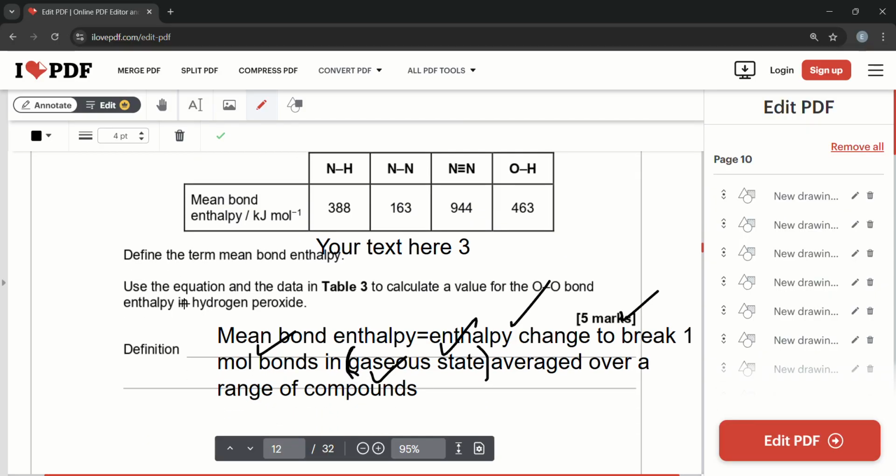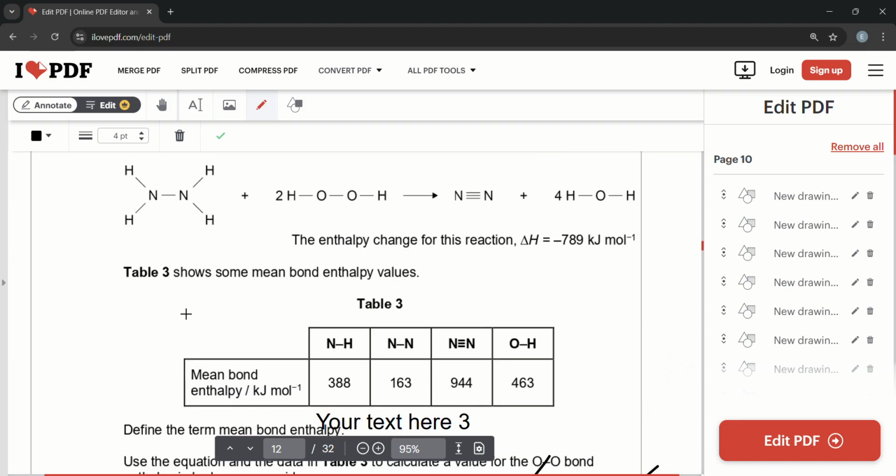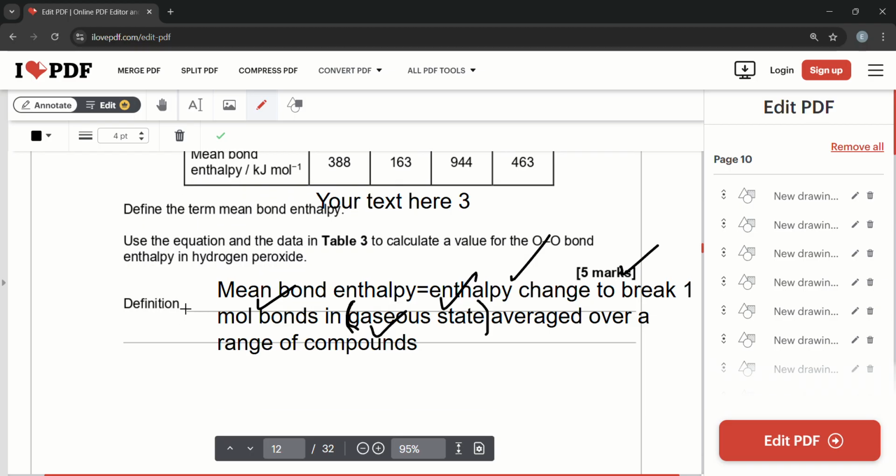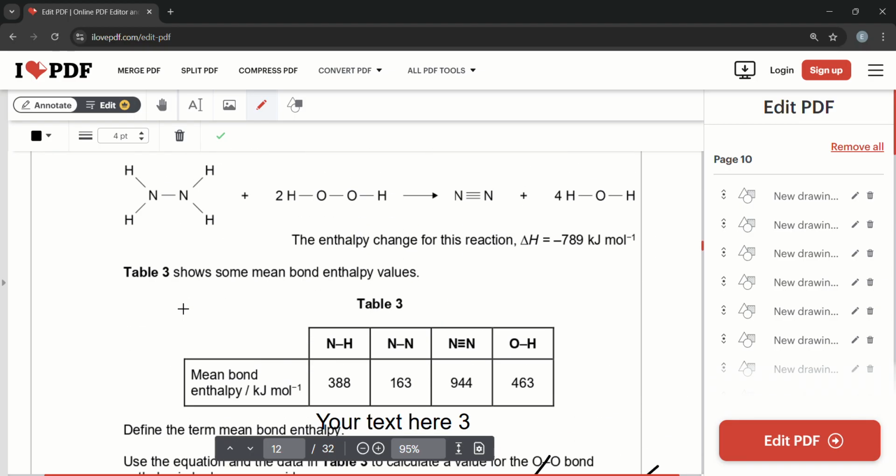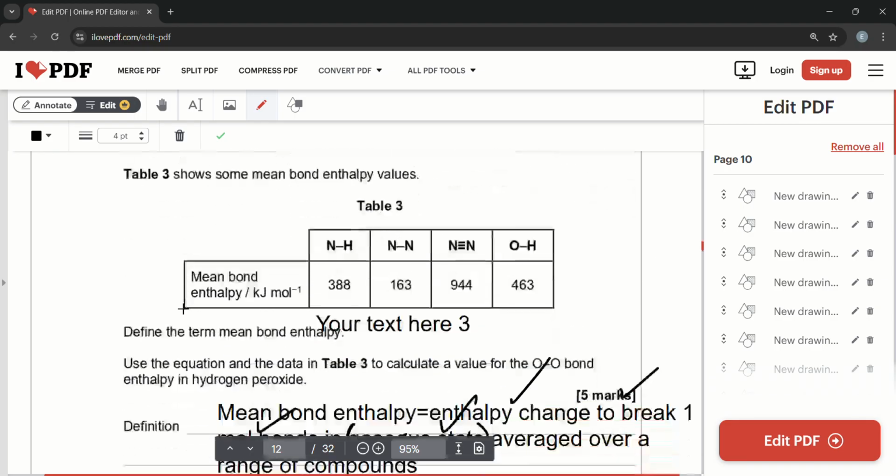Use the equation and the data in table 3 to calculate a value for the O-O bond enthalpy in hydrogen peroxide. Well, we know it's going to be the energy required to break bonds.